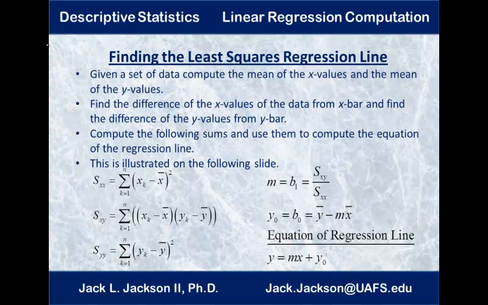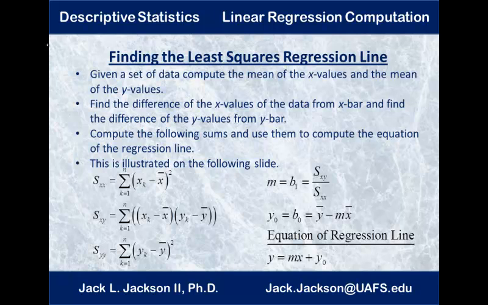So if we go back to our PowerPoint slide, let's review what we do here to find the least squares regression line. Given a set of data, we compute the mean of the x values and the mean of the y values. That's x bar and y bar. Those are the coordinates of the centroid, which will be on the least squares regression line. We find the difference of the x values from x bar, one for each data value.